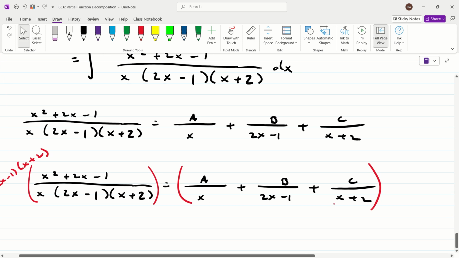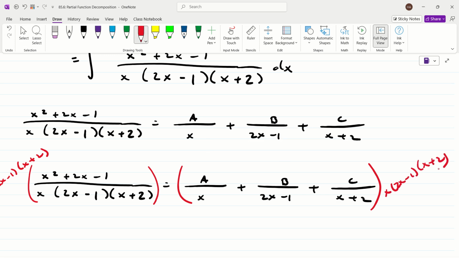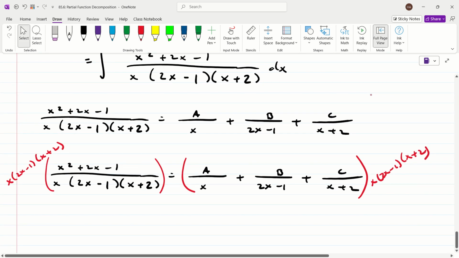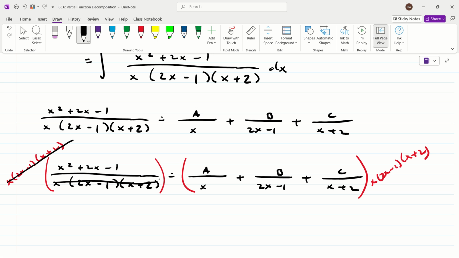And the same on the right hand side. The left hand side is nice, short, and sweet. All of these guys cancel out with all of those guys there, leaving you behind with x squared plus 2x minus 1.